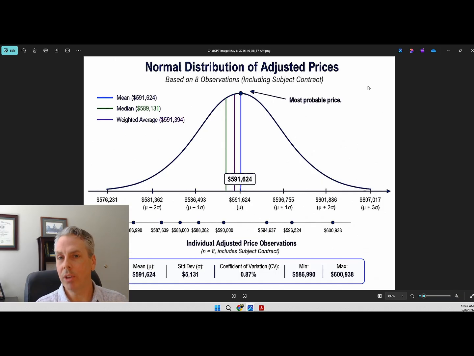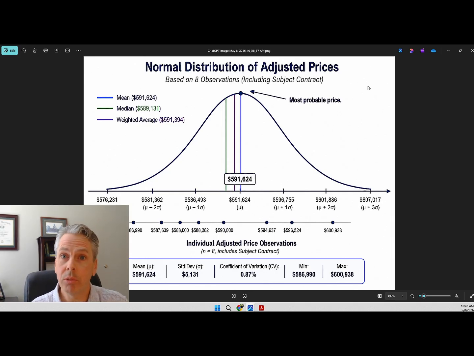So this concept seems to be very difficult for longtime appraisers, because we're constantly being asked, like, which one's most similar, which one did you weight the most, and those are actually the wrong questions that we're being asked to answer.